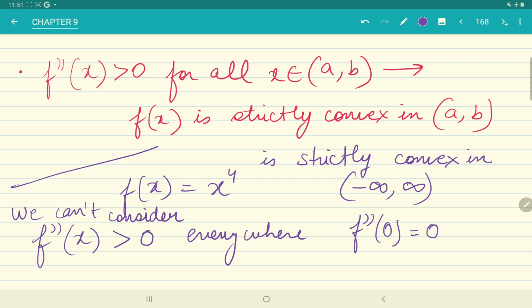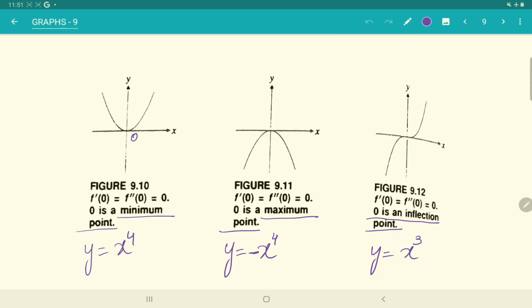If you just want to recall how that function looks like, it looks like this. Here, the function is strictly convex in the interval minus infinity to infinity, but we know that f double prime x is not greater than 0 everywhere. f double prime 0 is equal to 0 in this case.